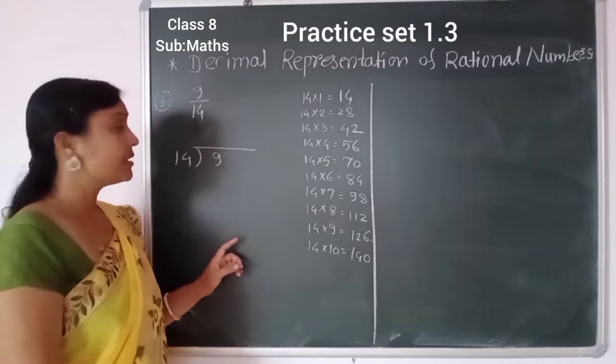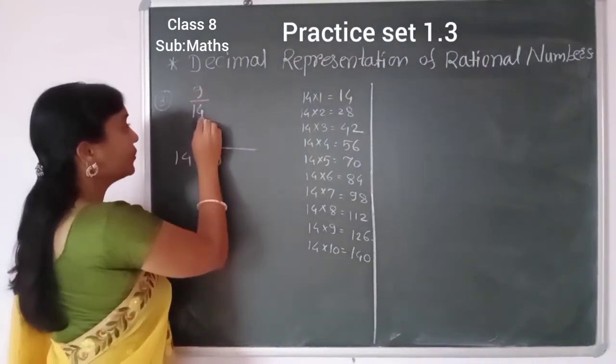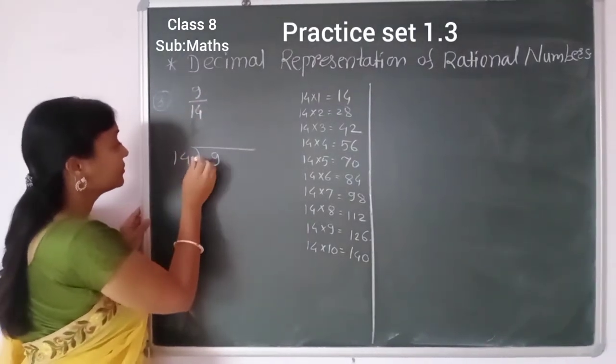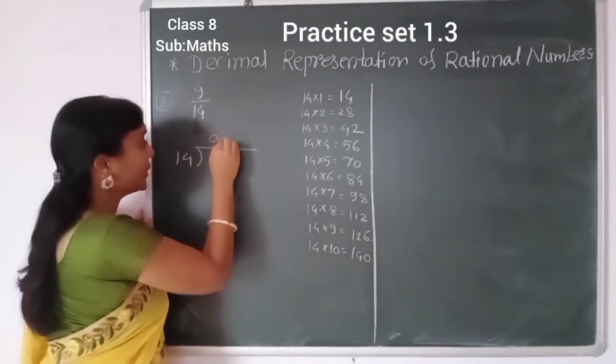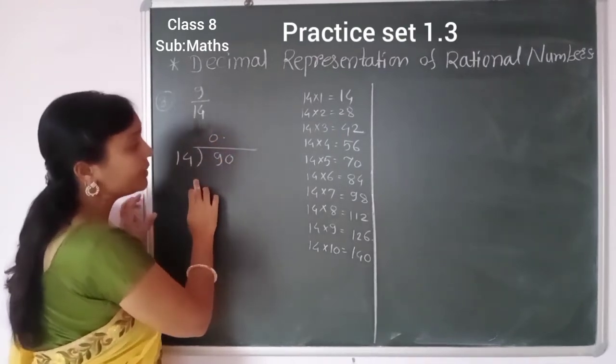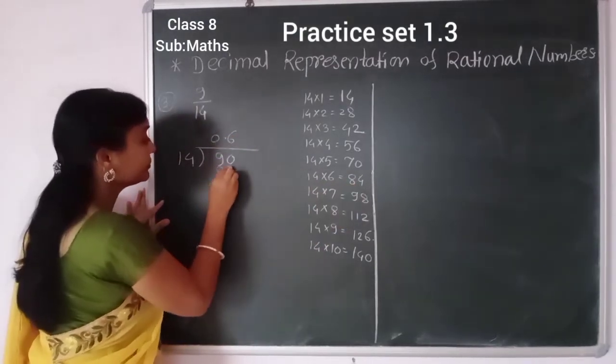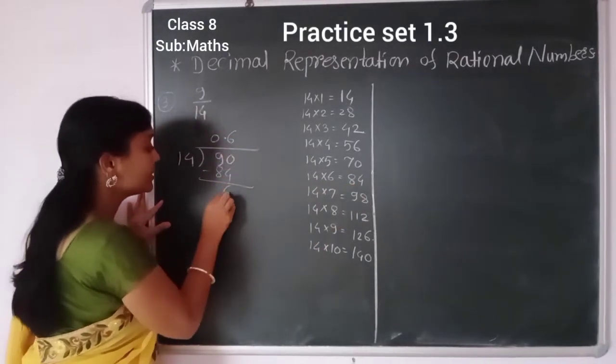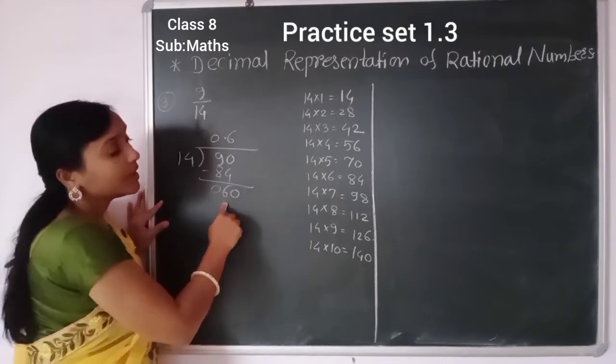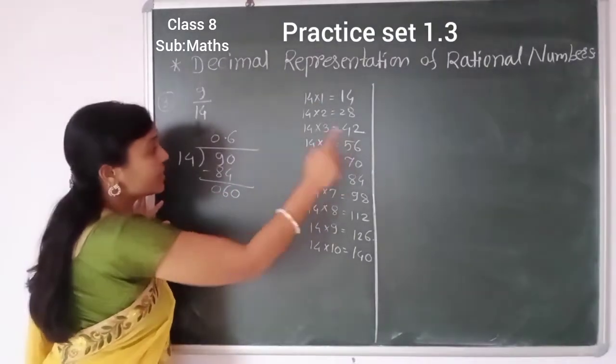Now we see the third example, 9 by 14. 0.0. 14 fives are 70, 14 sixes are 84. We get remainder 6. Again 0, 14 fours are 56.